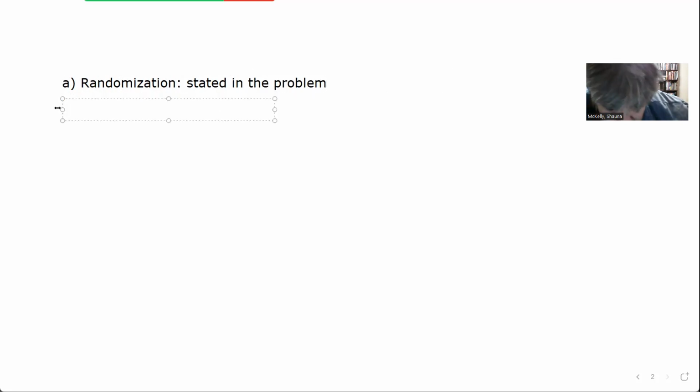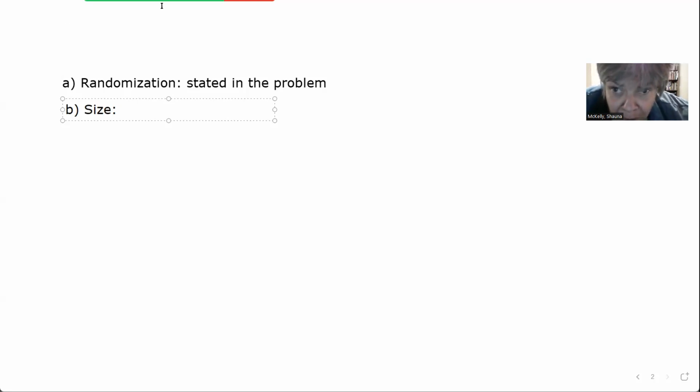Now, section B, the second assumption, is the size of our population. So we're dealing with the size assumption here.